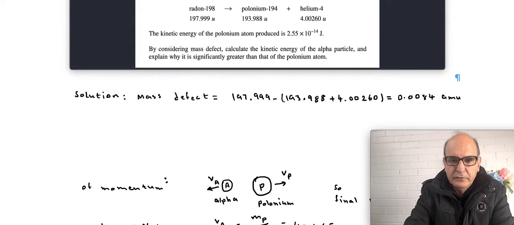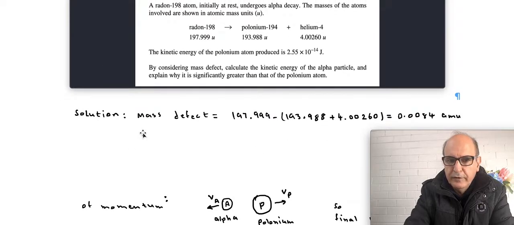Okay, the first thing we do is find the mass defect. Mass defect is the difference between the total mass of the reactants and the total mass of the products. Here we have only radon with that much mass, which produces these two particles.